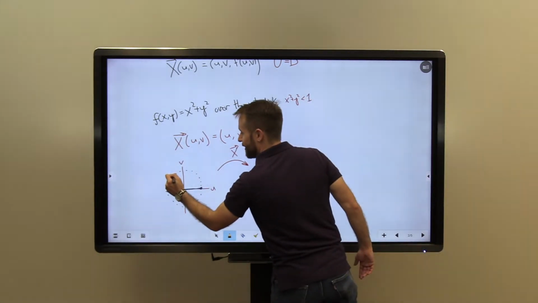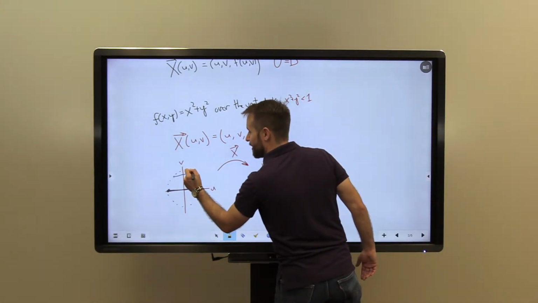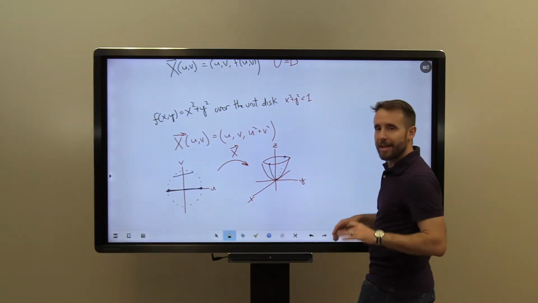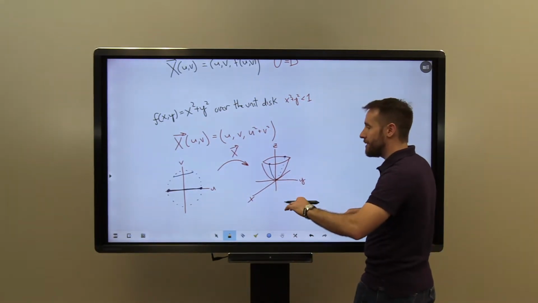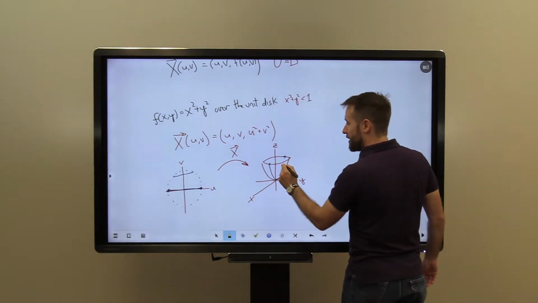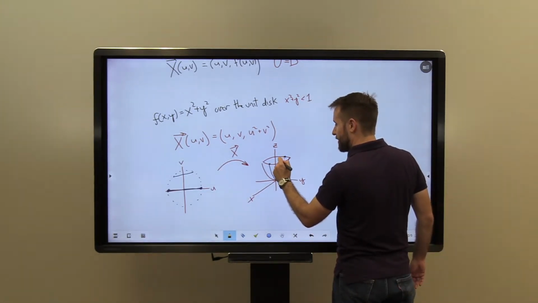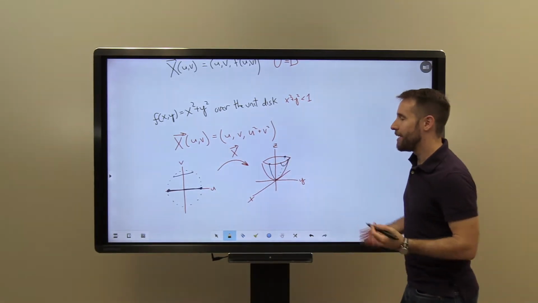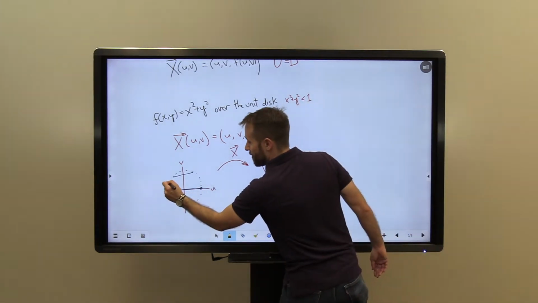Let me point out that if I have this curve up here, again, we can consider that as having a constant V height and U allowed to range. That would probably correspond to a curve somewhere over here, something like that. And if I could draw a few more of these, let me just draw one more.